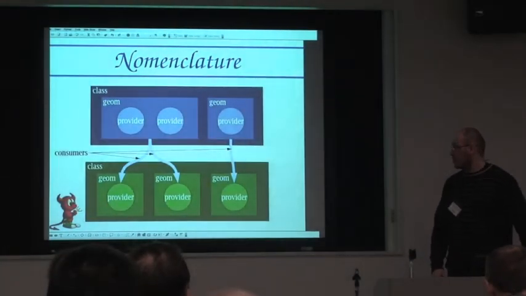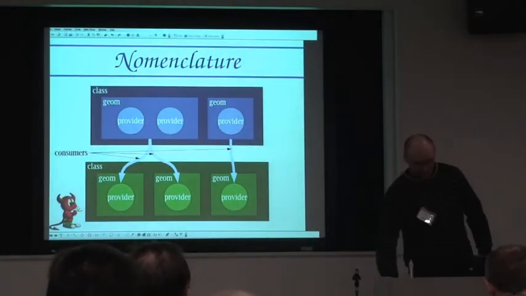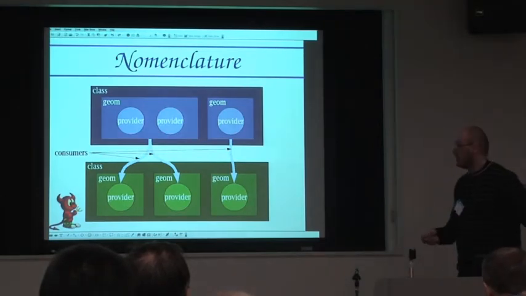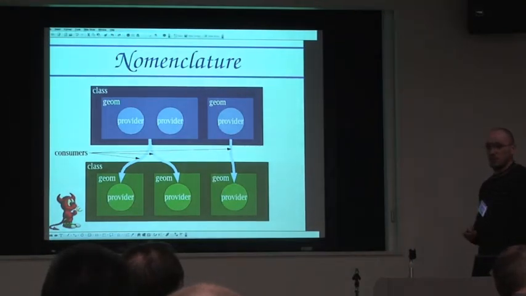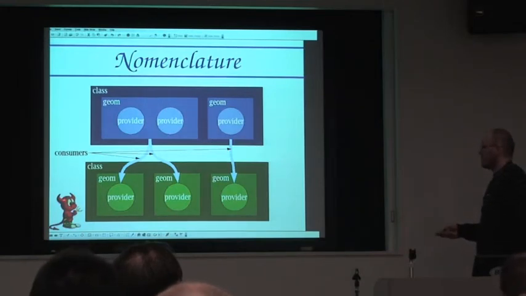Okay, so this is how it looks in the kernel. We have, for example, a GEOM class. Let's say it will be GEOM disk, which only shows us a disk. And we have geoms inside this class, and we have providers that hang on those geoms. Maybe this will be a better example.